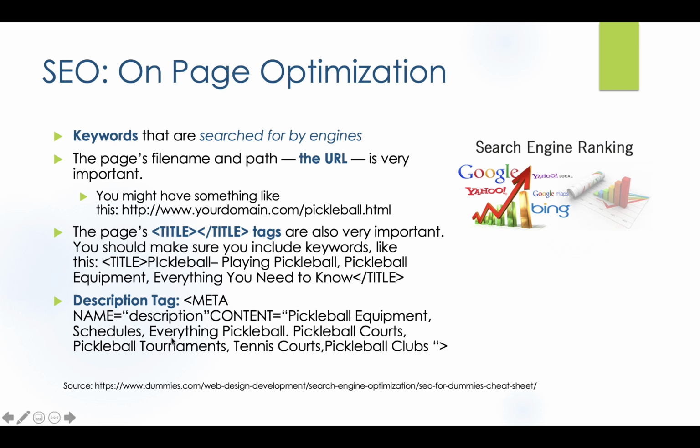And then you have a description tag. The content is about pickleball equipment, schedules, everything, etc. So your goal is to find the keywords that are most likely to resonate with your audience, that they're going to type into the search engine, so that you get optimized higher.